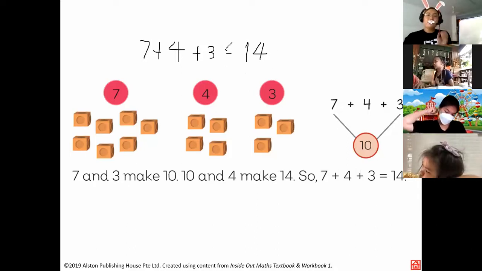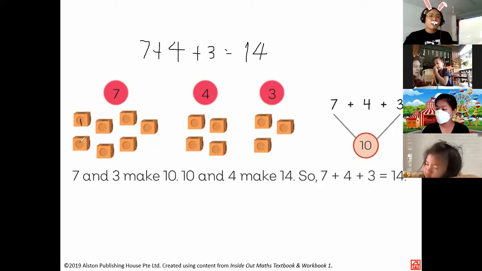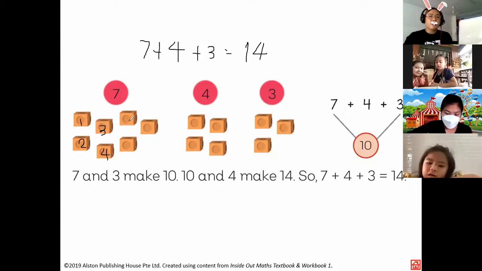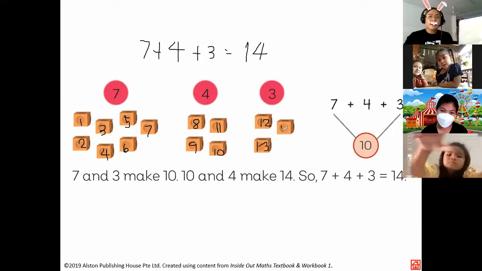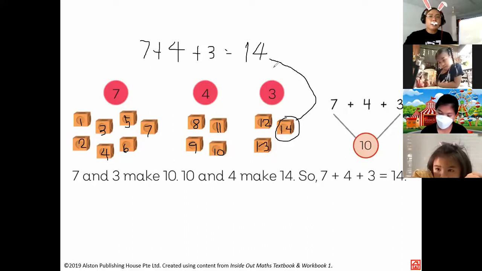So you just have to add the 3 numbers. So let's count. 1, 2, 3, 4, 5, 6, 7, 8, 9, 10, 11, 12, 13, and 14. So there are 14 cubes all together.